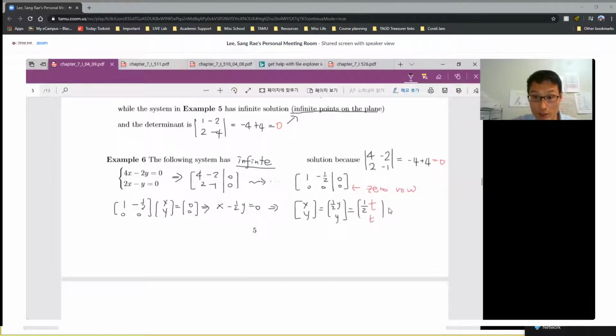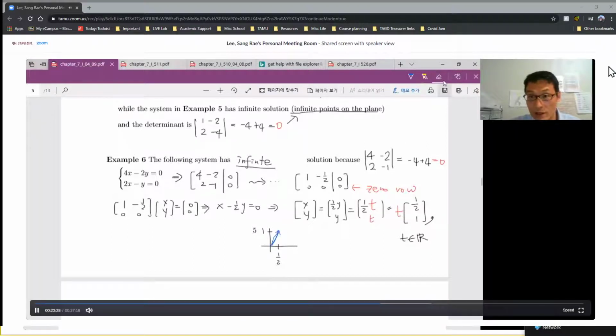Once you factor, what's left is some vector, half and 1. So that means, once you allow t to be any real number, this solution is any multiple of the vector 1/2, 1. The vector looks like this with the slope 2.